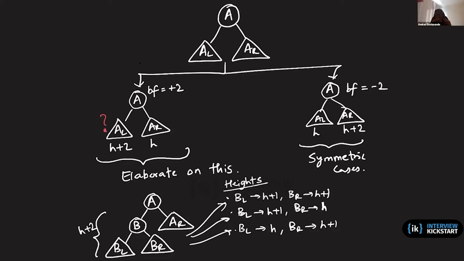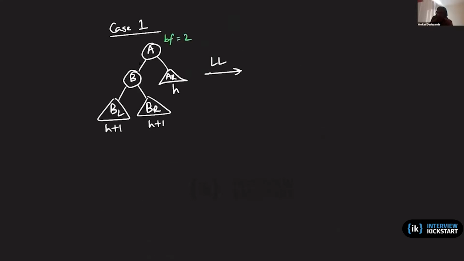Right. So if the balance factor at B is 0, then A has to be either -1. Can you go back to the right slide? Yeah. So A could still be +2 because the change happened on the right side.